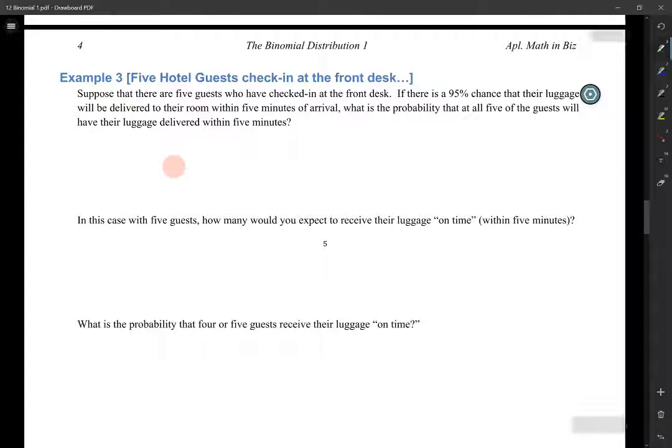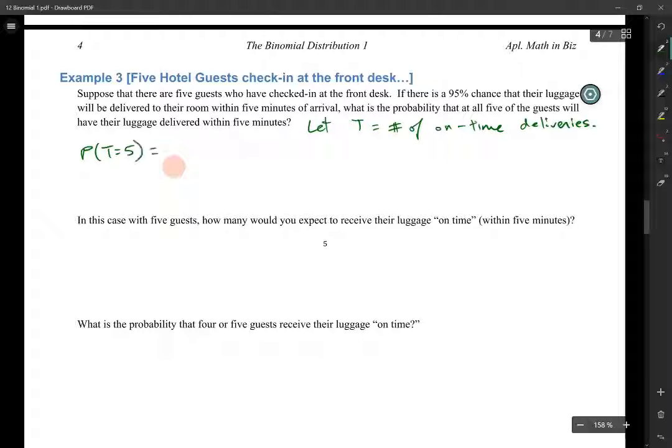So here let T equal the number of on-time deliveries. We want the probability that T is equal to 5.